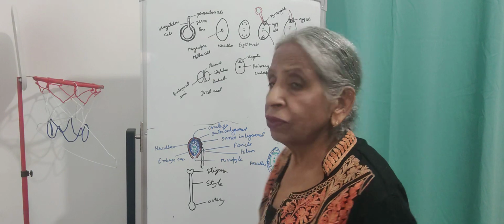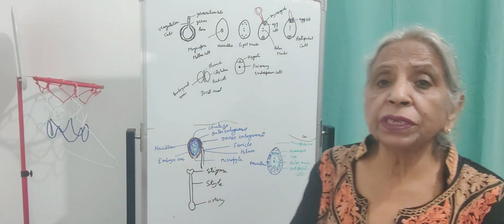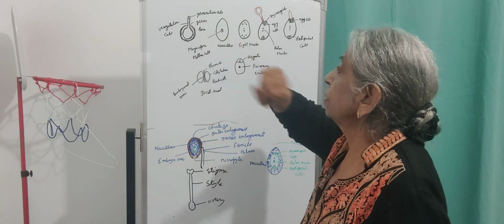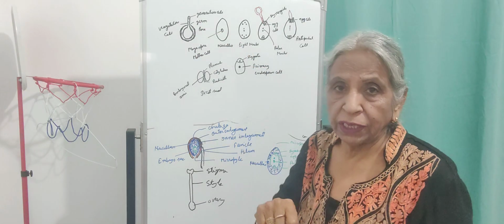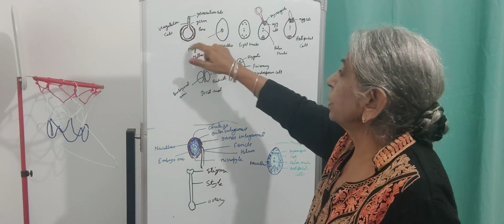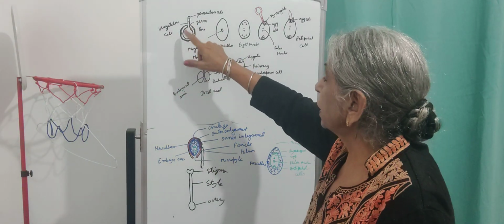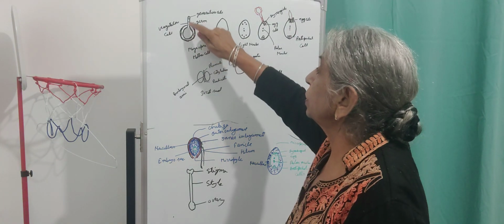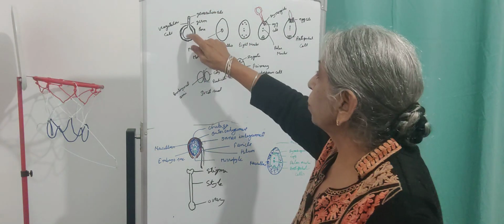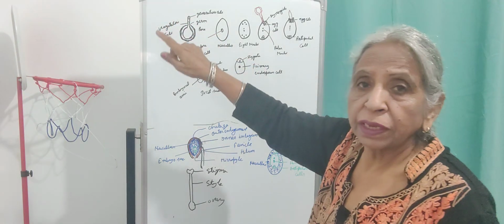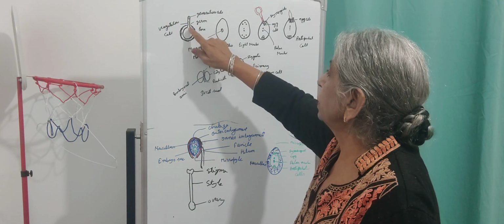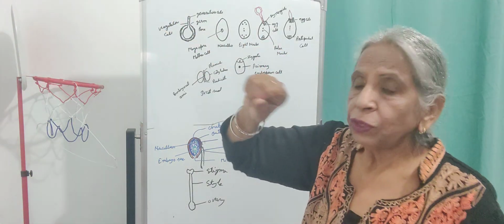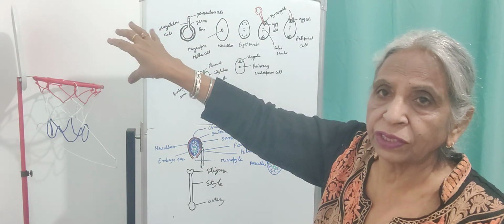When pollen grains are shed, they may be shed at the 2-cell stage, that is the generative cell and the vegetative cell. The exine of the pollen grain is very hard, and the intine is formed of pectin and cellulose. It is a continuous layer. It produces the pollen tube. In the pollen tube, the vegetative cell and generative cell are transferred. The generative cell is at the tip. So the pollen grain is shed at this stage.